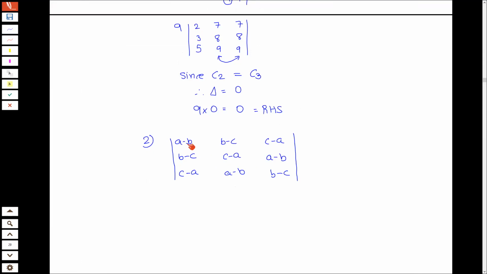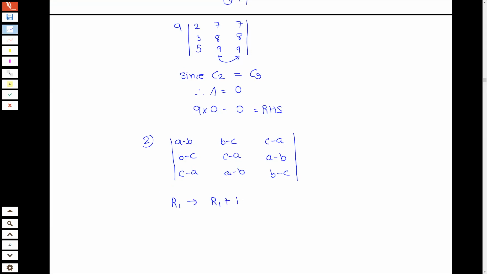Now देखो a b b c a c, अगर लेट से इन तीनों को अगर हम ऐड करते हैं a minus b plus b minus c plus c minus a, तो क्या होगा? 0 हो सकता है.